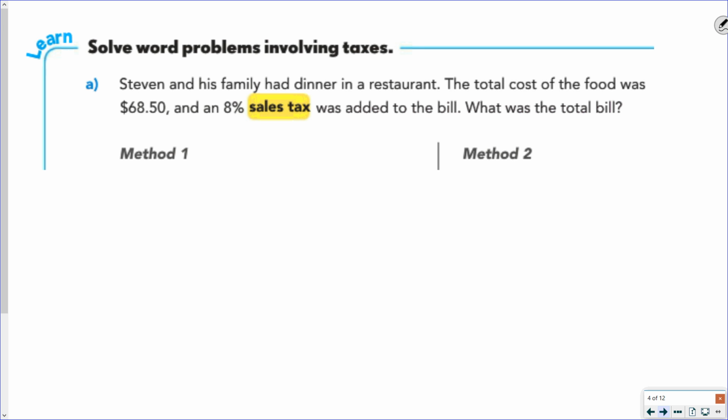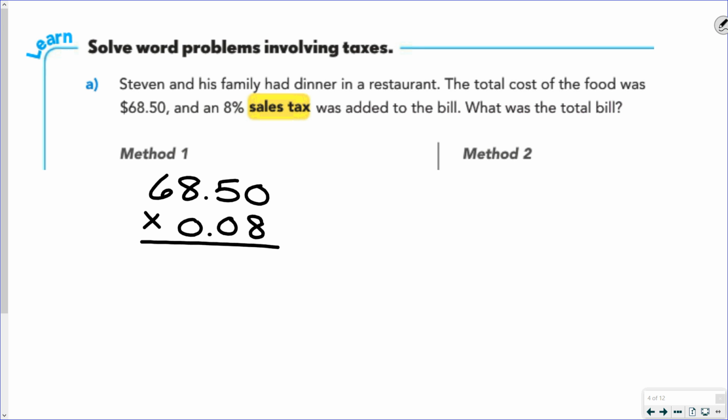So we want to use the $68.50, and we want to use the 8%, and we're going to convert that into a decimal. The reason we're going to use a decimal is because money is written as a decimal. And since you would say that that's 8% of the 68.50, you would multiply those together.